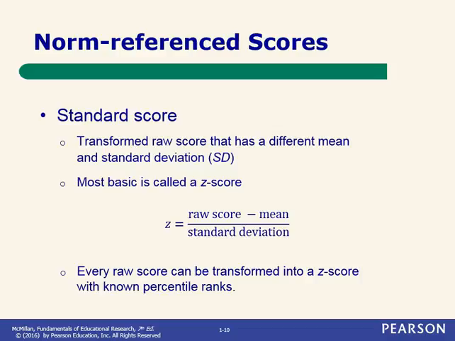And Macmillan spent some time talking about z-scores and how to calculate z-scores and what that tells us. When I took the equivalent of ADM630 in my master's program, we actually spent a lot of time calculating z-scores. Now that I teach this course, I'm not really sure what the purpose of that was because in further coursework that I've taken and then research that I've done, I've actually not calculated any z-scores.